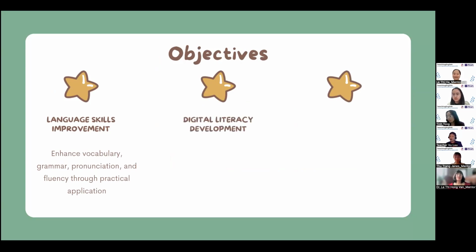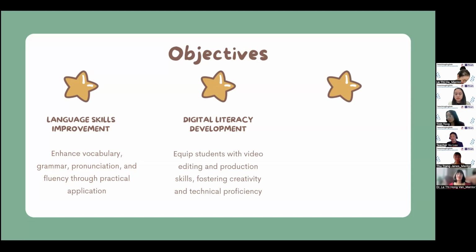And the second star here is digital literacy. I want my students to be able to improve their digital skills by editing the video, by producing new digital products. It will show their creativity, and it will prove their proficiency at technical stuff.